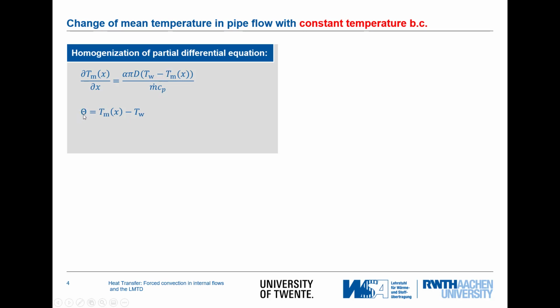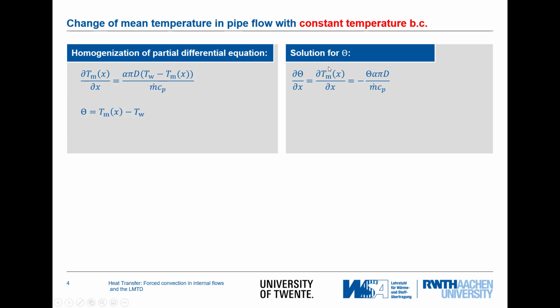And if we take the first derivative of theta and the first derivative of this expression with respect to x, then the wall temperature drops out and we have exactly the term, the differential of the mean temperature with respect to x, the spatial coordinate. So we can plug in the definition of this new temperature, and we get the derivative of theta with respect to x is equal to minus theta times a constant.